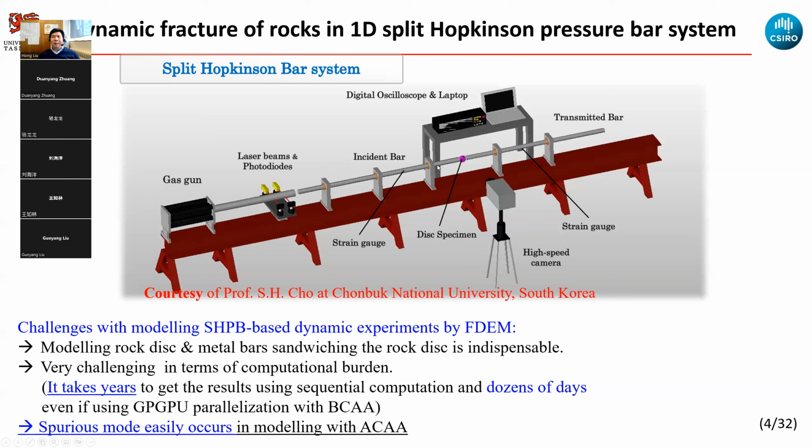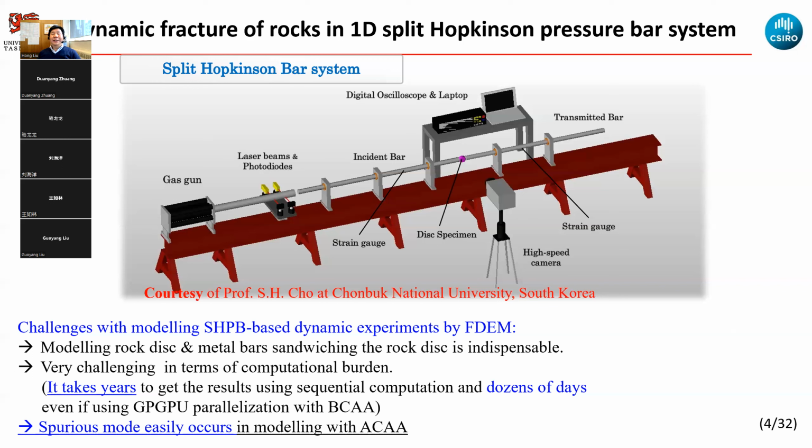Then for the incident bar and the transmitter bar, to trace the stress wave propagation, you put monitoring points there. Usually we put a strain gauge on the incident bar and another strain gauge on the transmission bar. This is what we usually do in the laboratory.